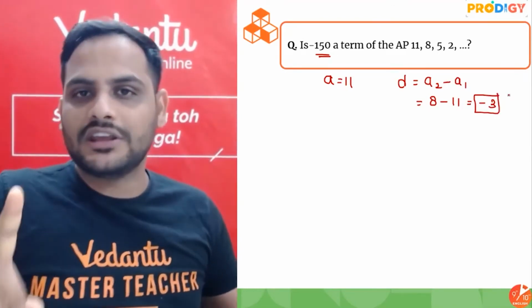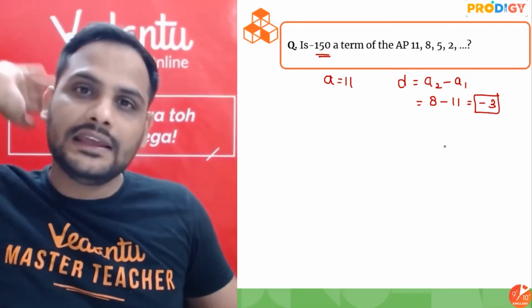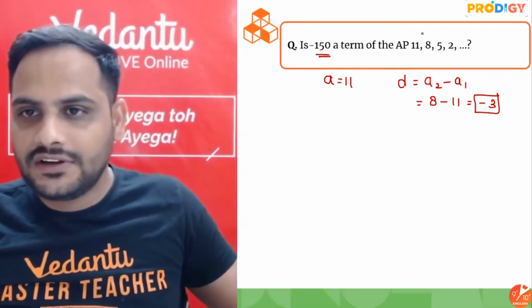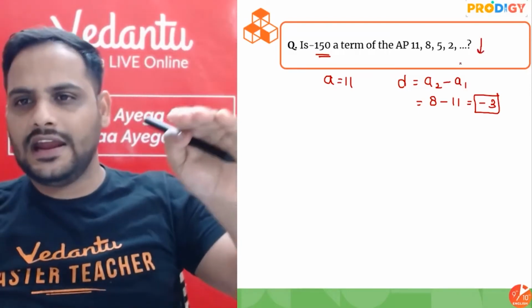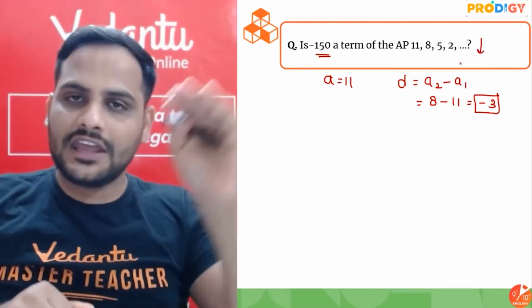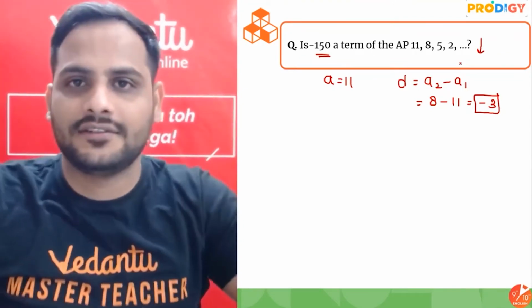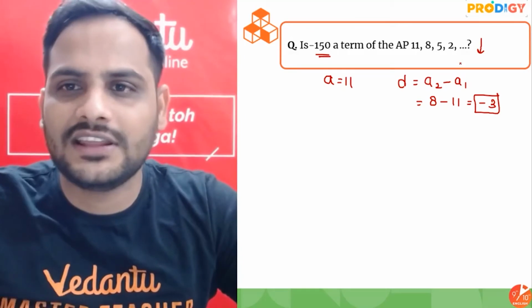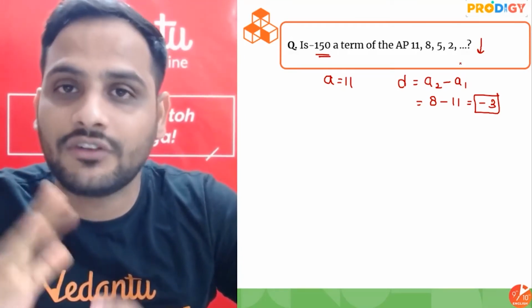One more thing, please remember this trick. When the AP is decreasing, as you can see here, 11, 8, 5, 2, the common difference must be negative. Many students make a mistake when they are in a hurry: they write 11 minus 8, so the common difference is 3, which is wrong.